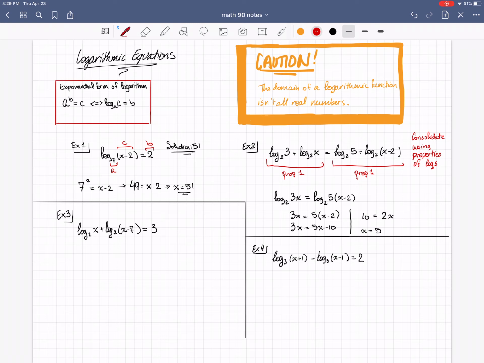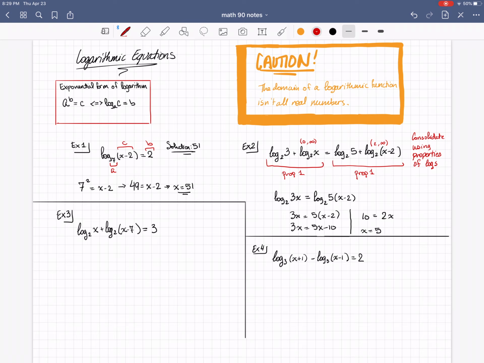Now, let's actually look at the domains here. Log base 2 of x has to be strictly positive, so the domain consists of all real numbers greater than 0. Log base 2 of x minus 2, the domain is everything greater than 2, because now x minus 2 has to be strictly positive.